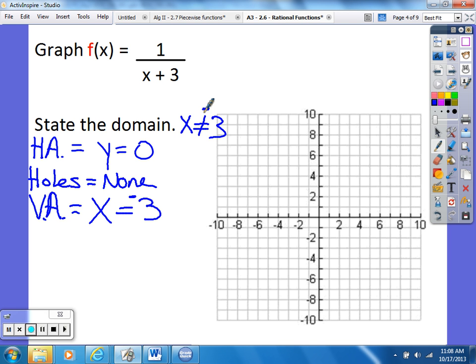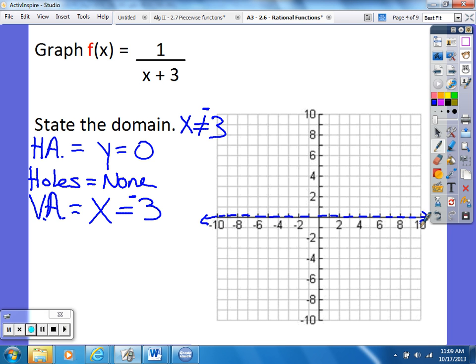Okay. Well, before we go any further, let's actually graph these two pieces. So I'm going to graph my horizontal asymptote, y equals 0. And what you do is you make a dotted line going the entire way across at y equals 0. And that's got to be horizontal because it's a horizontal asymptote.